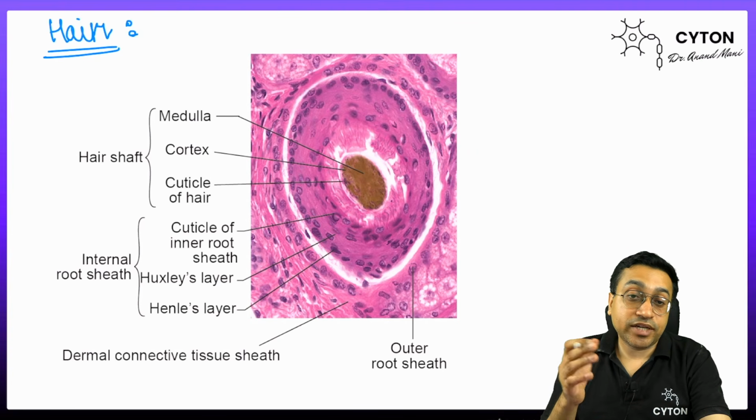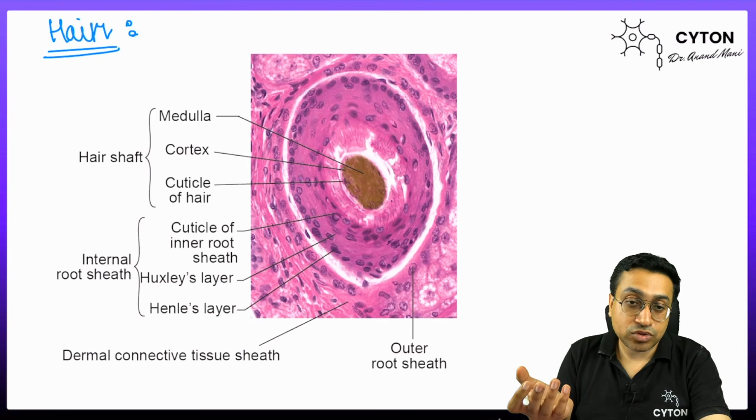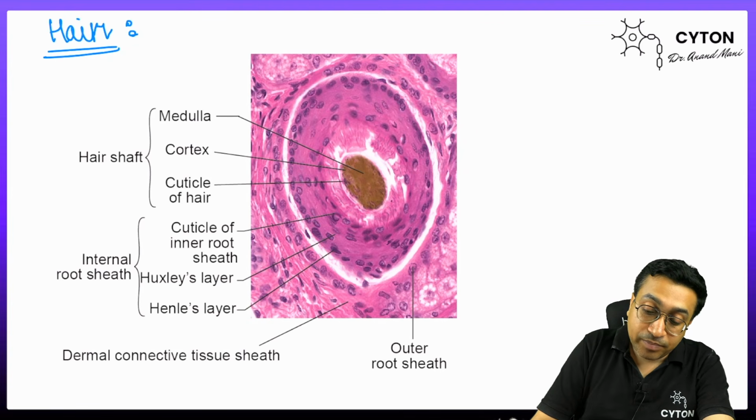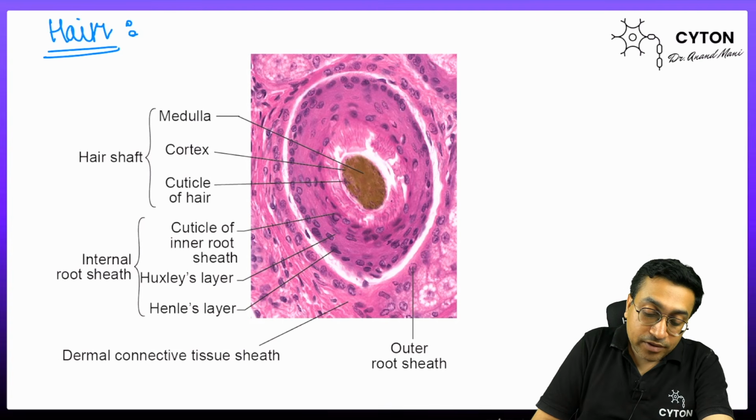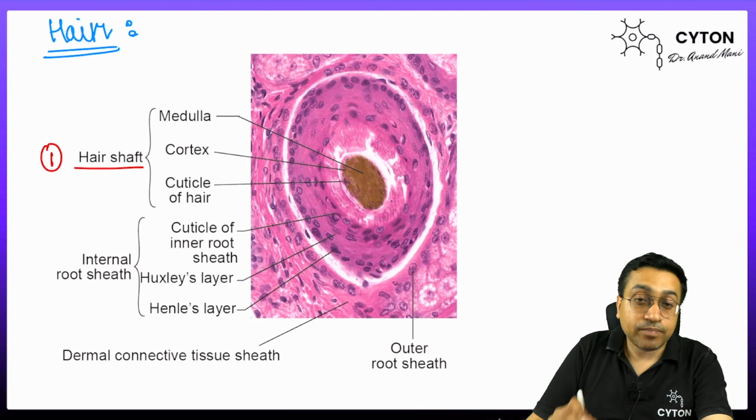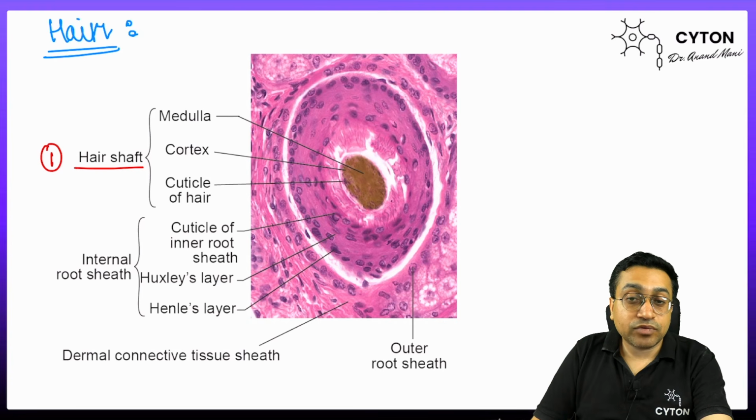Hair growth and texture is influenced by the hormones. That is something important. So hair has certain parts. What are these? Number 1, the hair shaft. The shaft is the visible part of the hair that projects above the surface of the skin.